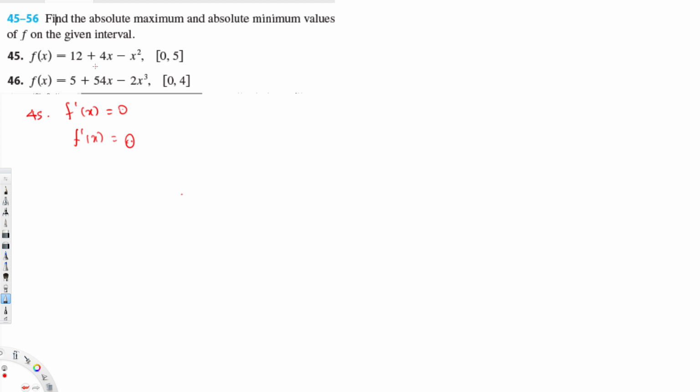And for 4x, I use the formula: the derivative of x to the n is n x to the n minus 1. This is the general formula to find the derivative of any power. Applying this, it's going to be plus 4 minus 2x.